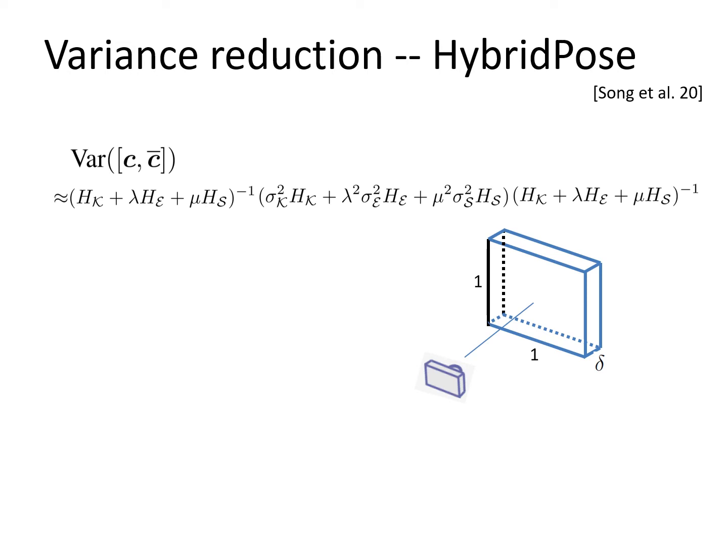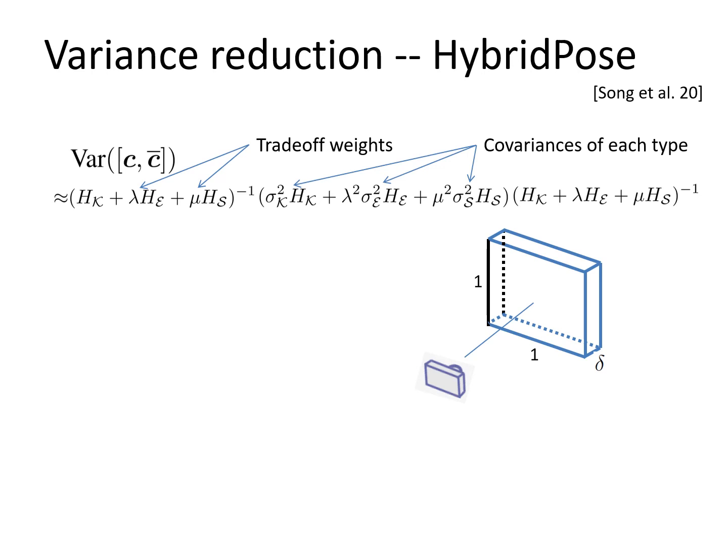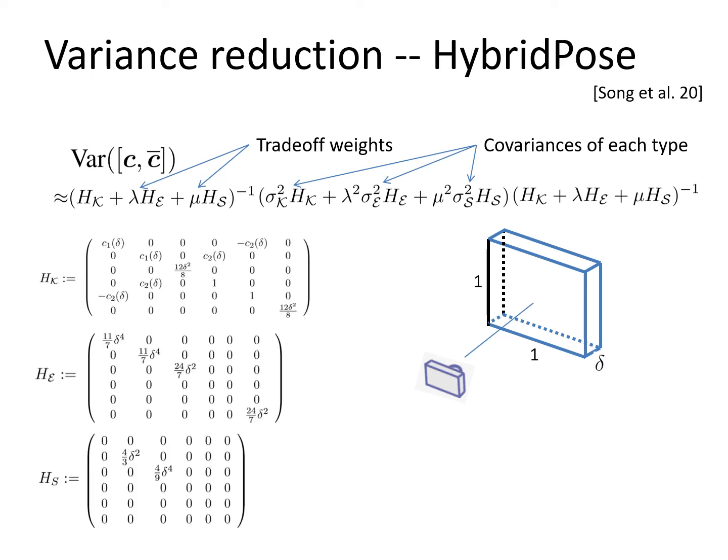In this case, we can approximate the covariance matrix as follows, where lambda and mu are turn rates, and sigma k, sigma e, and sigma s are the variances of keypoint predictions, edge vector predictions, and symmetry correspondence predictions. The H matrices dictate the configuration specified by the constraints between the individual predictions and the underlying pose.